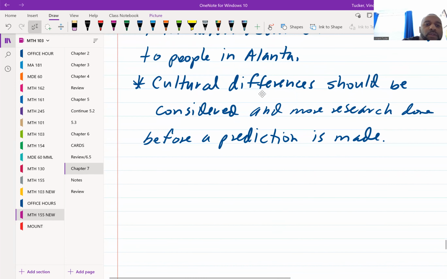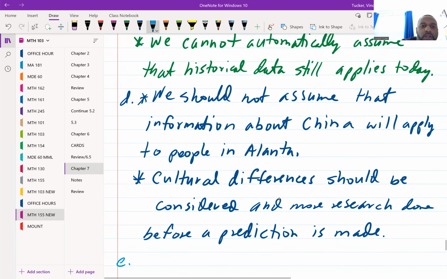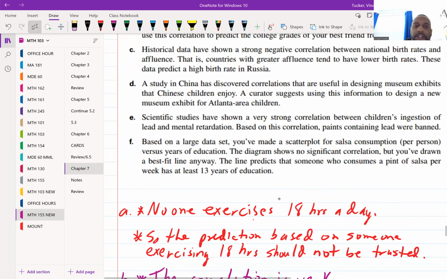All right, so let's look at E. Scientific studies have shown a very strong correlation between children's ingestion of lead and mental retardation.